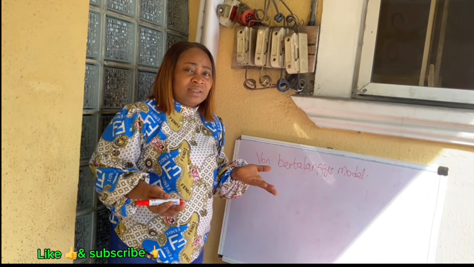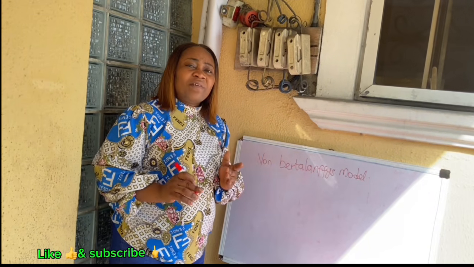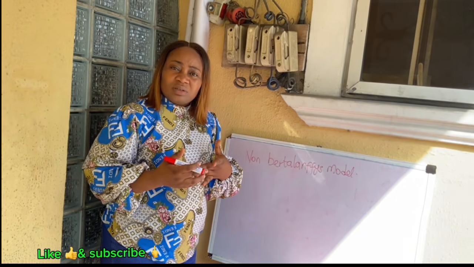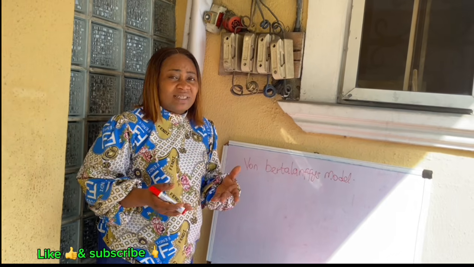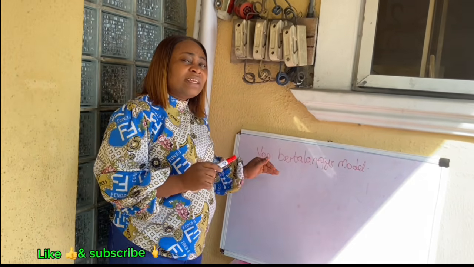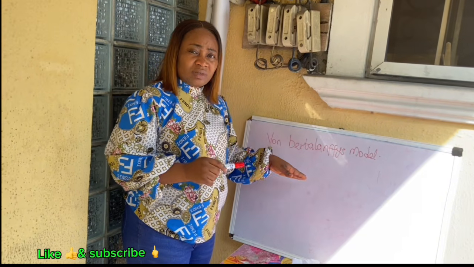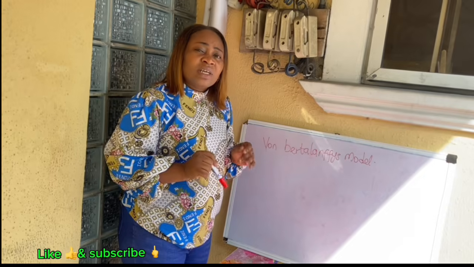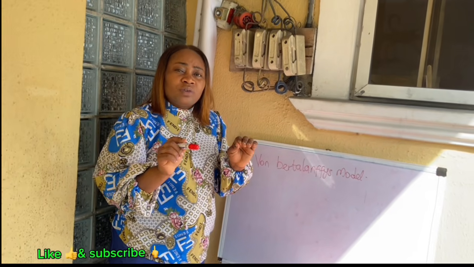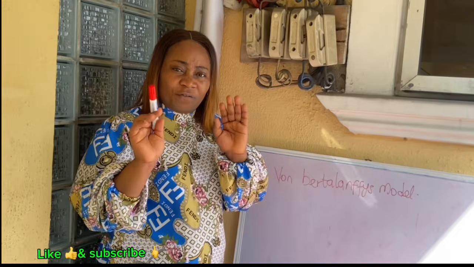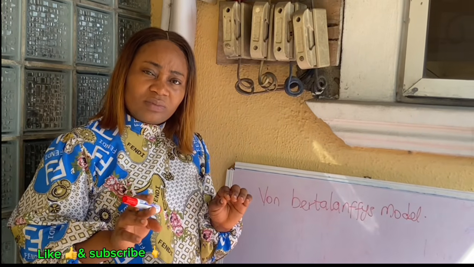Just like we humans, if you have a better environment, the tendency of growth becomes 100% or 95%. Another factor that enables rapid growth at any stage, according to Von Bertalanffy's model, is good feeding habits or availability of feed or food.